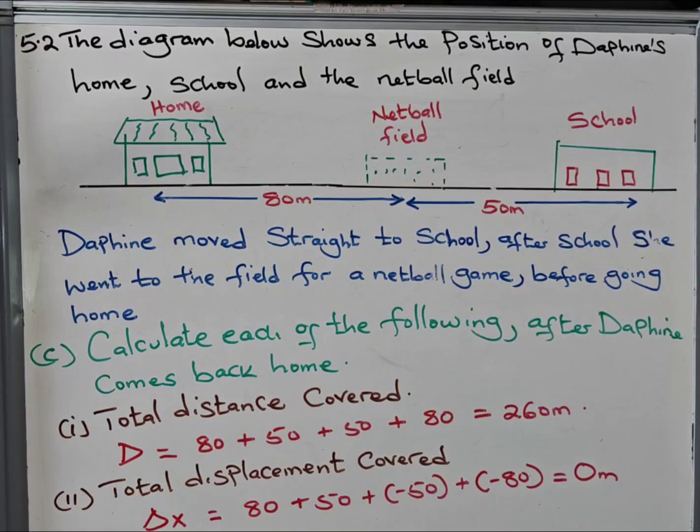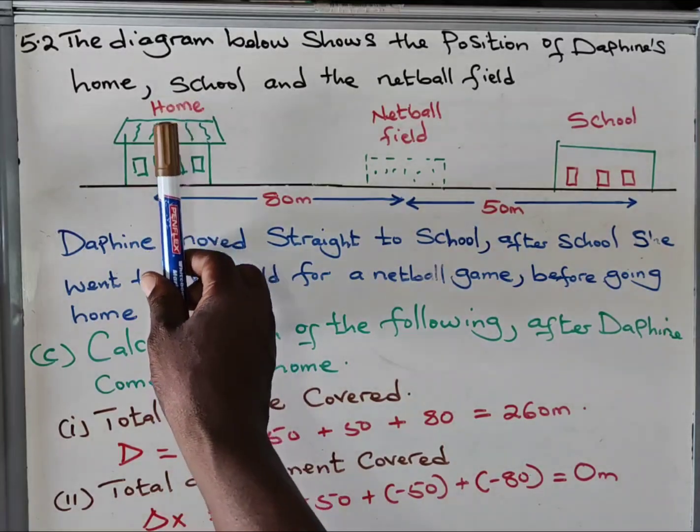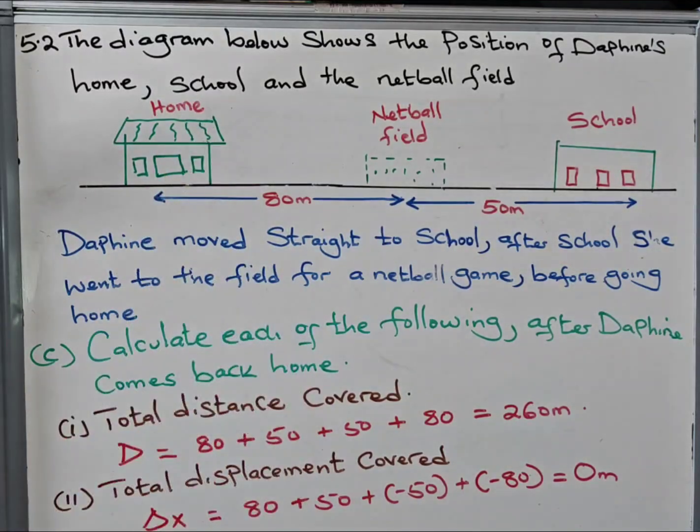You have to remember that the simplest way of understanding displacement is the shortest distance between the initial point and the final point. But in this case, our initial point and the final point are the same.